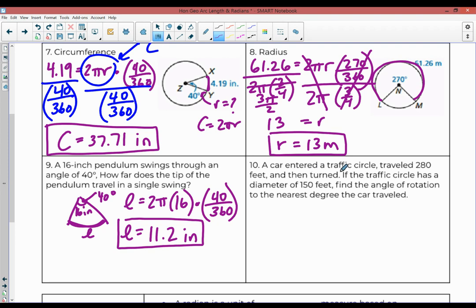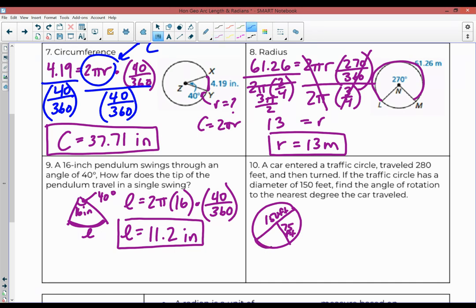A car entered a traffic circle, traveled 280 feet, and then turns. If the traffic circle has a diameter of 150 feet, find the angle of rotation to the nearest degree the car travels. So it has 150 feet, so that means a radius of 75 feet. And the car went 280 feet.